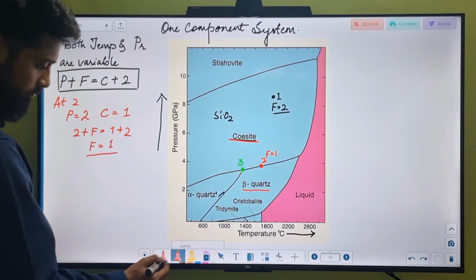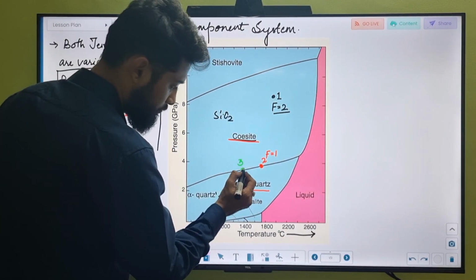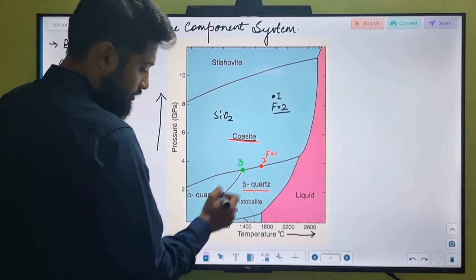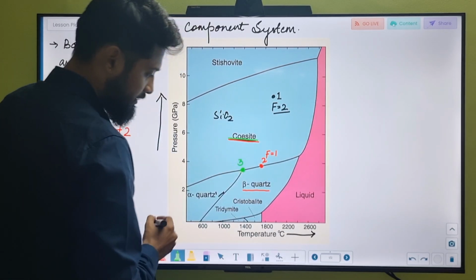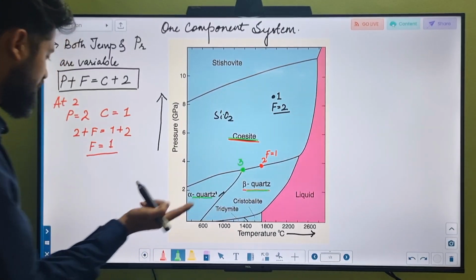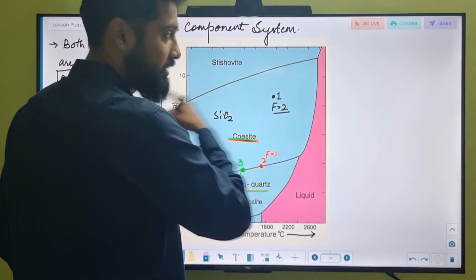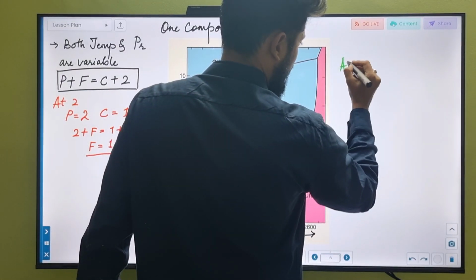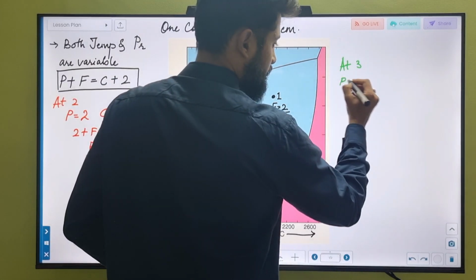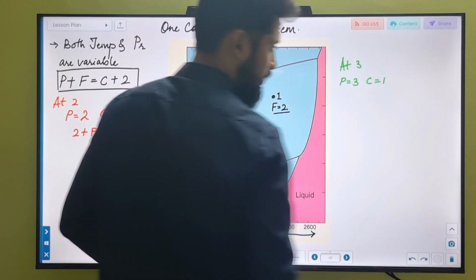Coming to point 3. Here if you see at this point, we can call it a triple junction. It's a triple junction of coesite, alpha quartz and beta quartz. So again here the phases will be 3. Again in the same formula, at 3 we have P is equal to 3 and component is again 1.